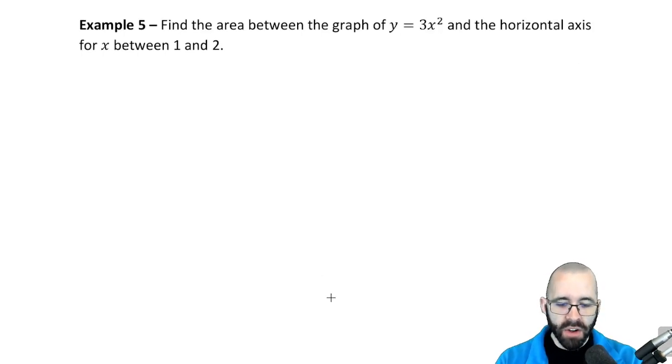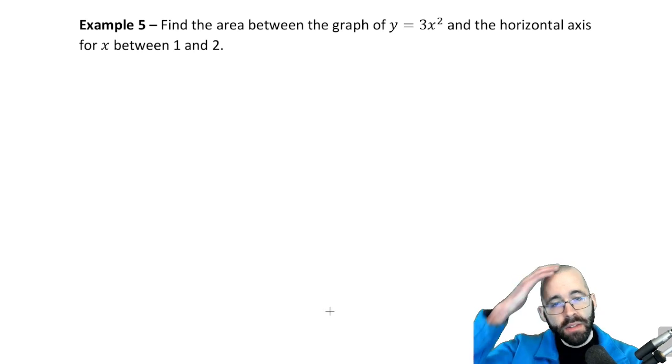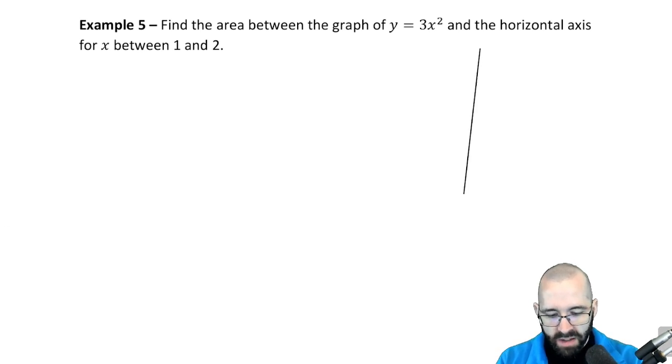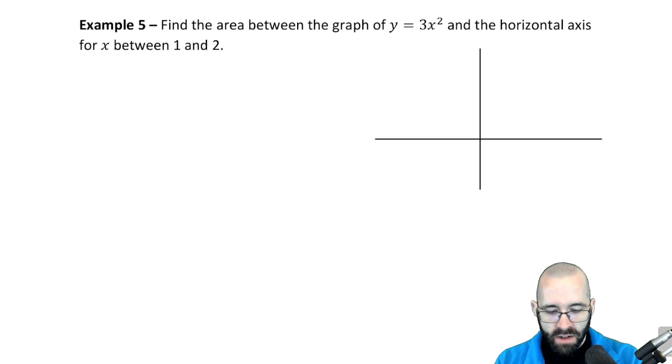Find the area between the graph of 3x squared, which is a parabola, the horizontal axis, and when x is between 1 and 2. Let's make a little graph of it ourselves. This is basically the graph of x squared, but it's been multiplied by 3, so it's a little stretched.